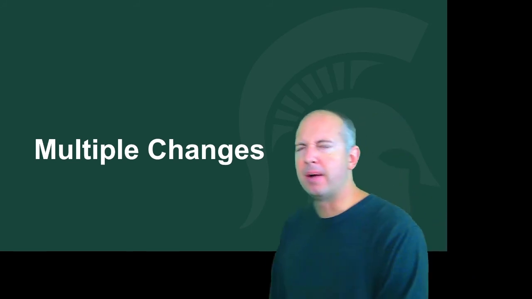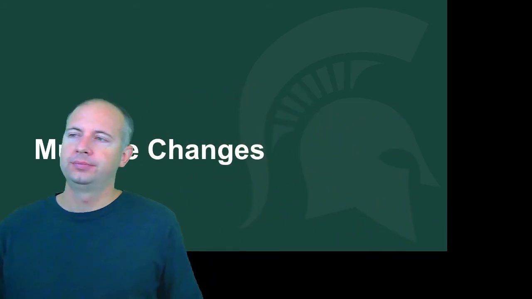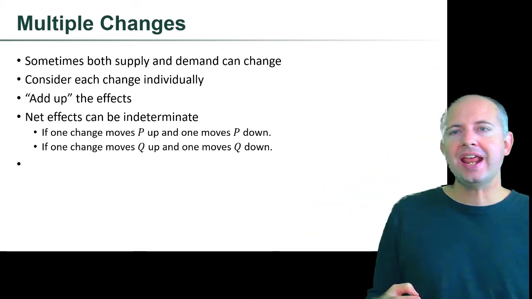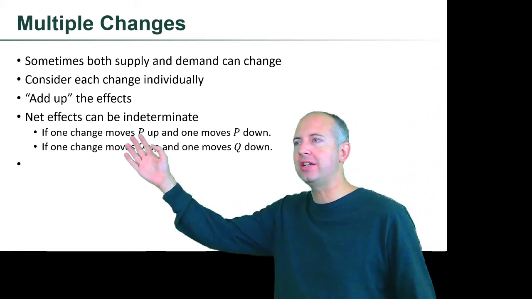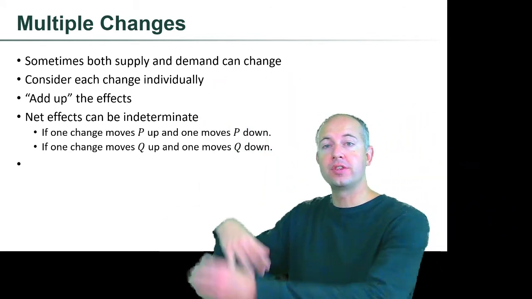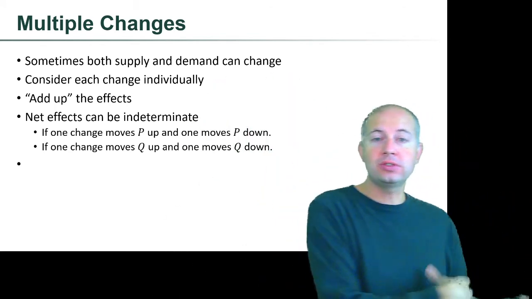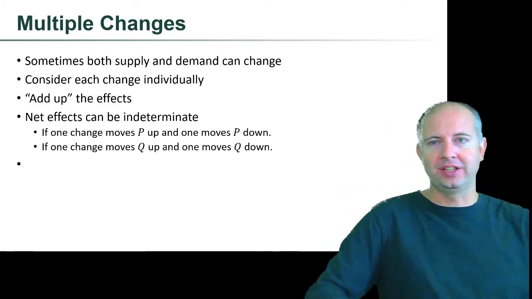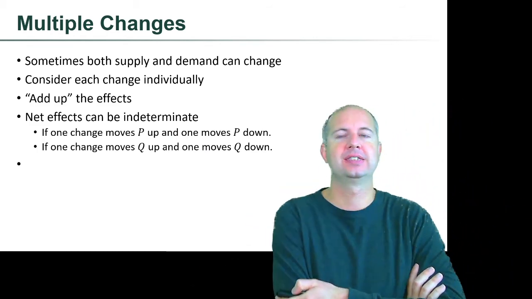Now we're going to think about multiple changes. Here's what I mean. Sometimes both supply and demand can change. When that happens, we want to consider each change individually. So basically, we do steps 1 through 5 for the supply change, and we do steps 1 through 5 for the demand change. We think of them completely separately. Then we add up the effects.